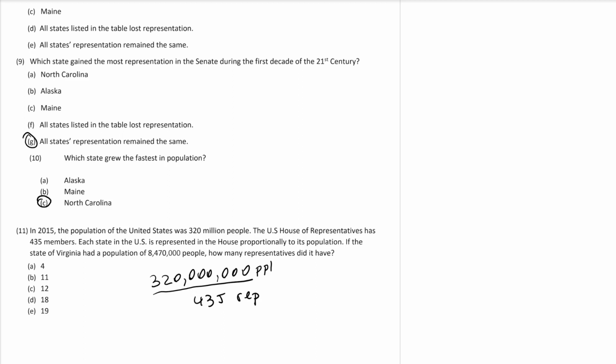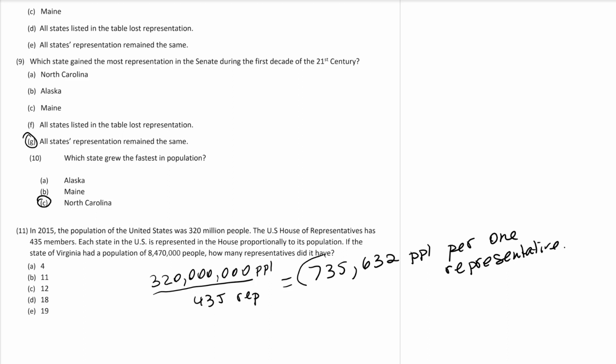Okay, so let's divide. All right, so we get 735,632 people per 1 representative, correct? I like to think of this like a cookie cutter. That is the slice that we cut from the population to get 1 representative.